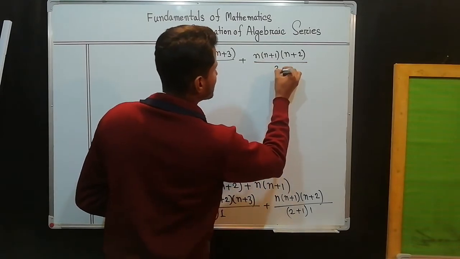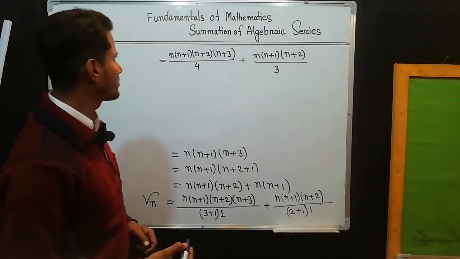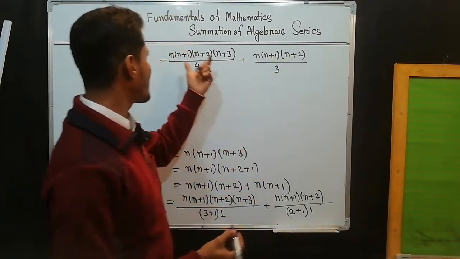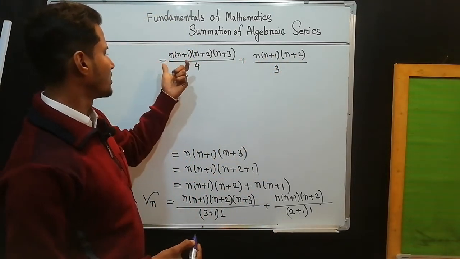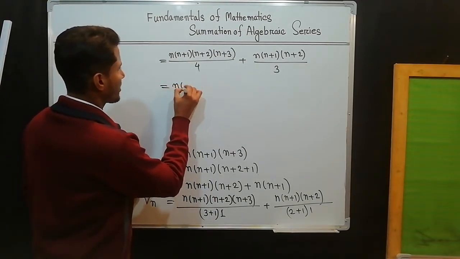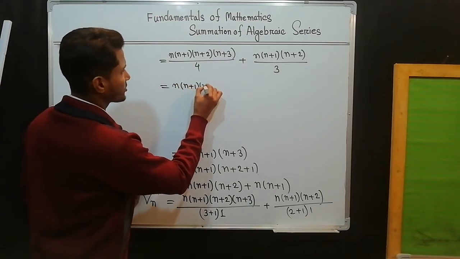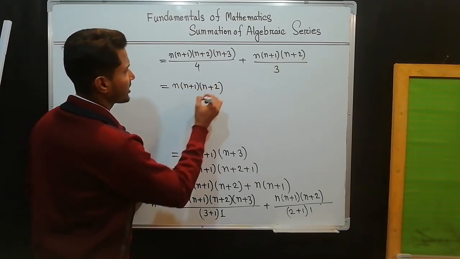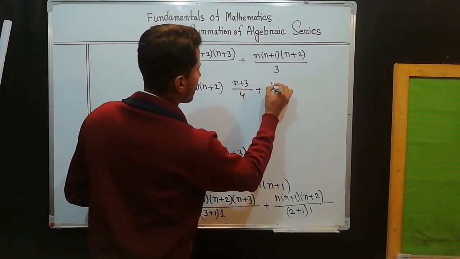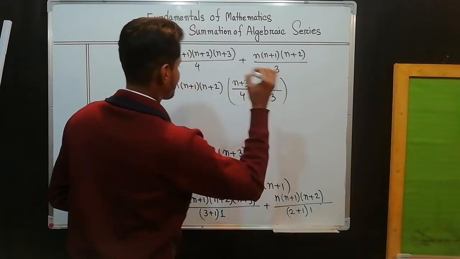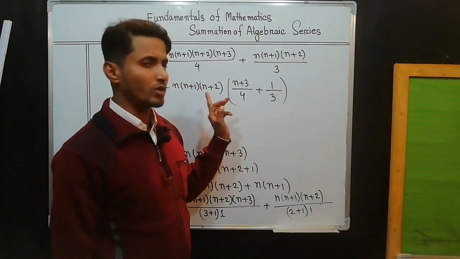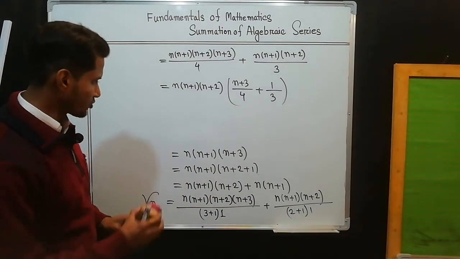divided by 3. Here we notice that n into (n plus 1) into (n plus 2) is the same term in both, so we take it out: n into (n plus 1) into (n plus 2), times (n plus 3) by 4 plus 1 by 3. The GCD of 4 and 3 is 12.